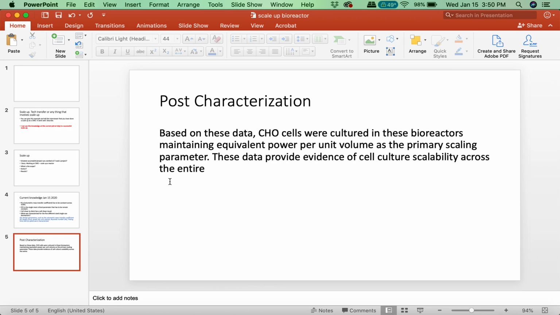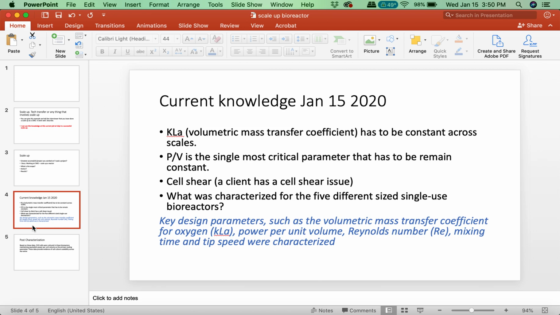So this is post-characterization. Now I can give a little bit more background that key design parameters, so you can say that I was working at a CMO and what they do is certain design parameters have to be optimized.